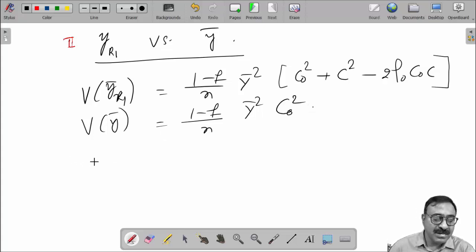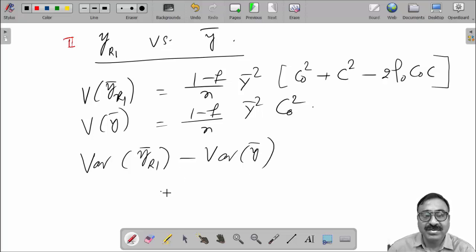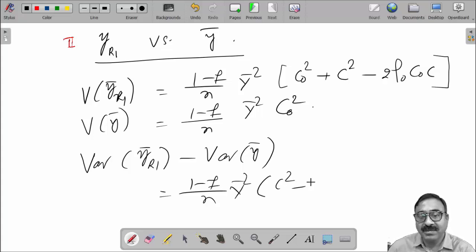So now consider the variance of YR1 bar minus the variance of y bar. This will be equal to (1 minus f by n) Y bar square into [C square minus 2 rho 0 C0 C].